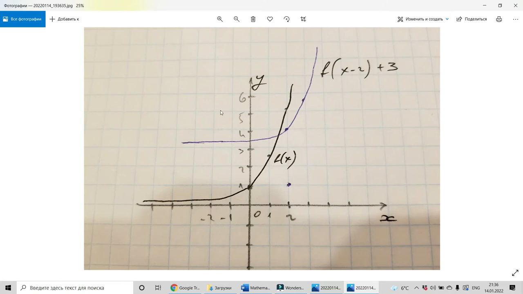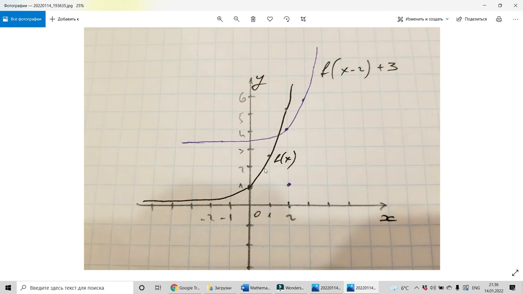Now we have to move it right 2 units because we're subtracting 2 from x. (0, 1) became (2, 1), but we have to slide it up 3, so (0, 1) became (2, 4).